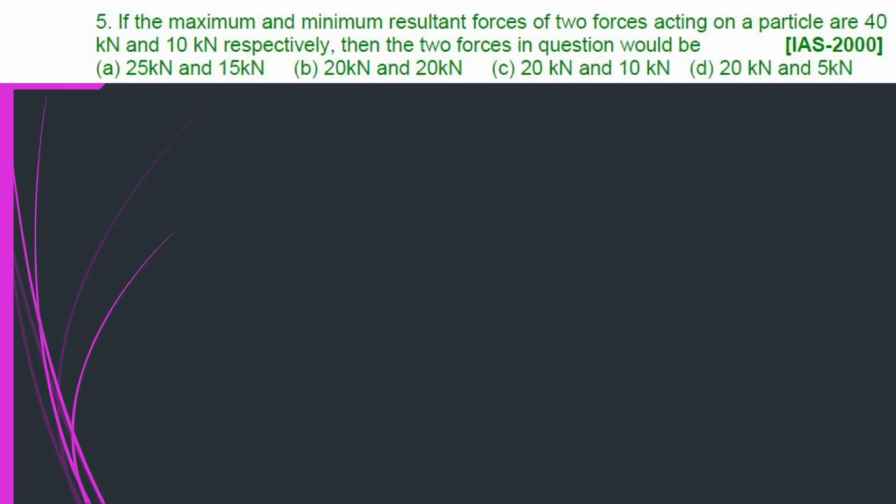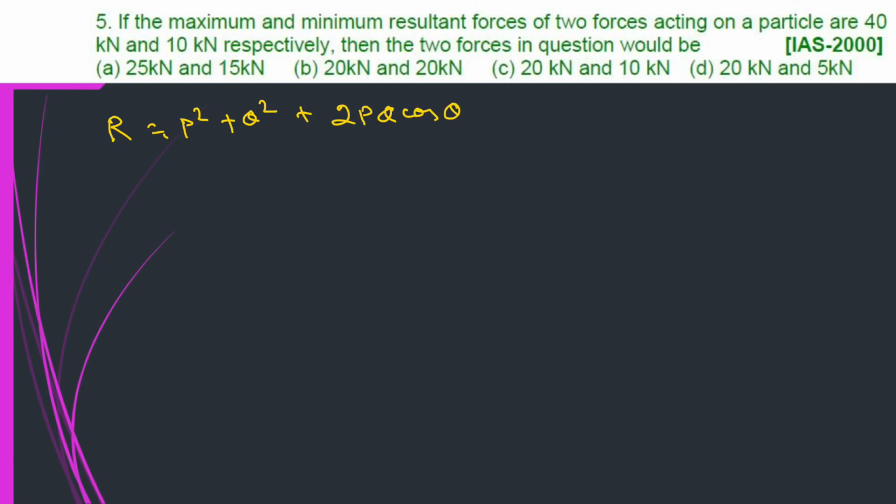Question is, if the maximum and minimum resultant forces of two forces acting on a particle are 40 kN and 10 kN respectively, then what would the two forces be? So the R value we know, it's root of P square plus Q square plus 2PQ cos theta.